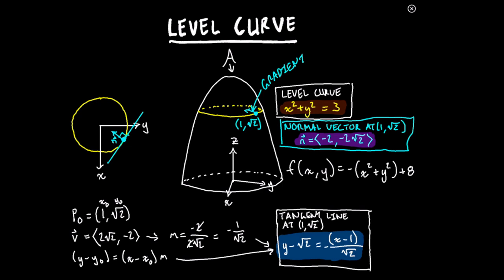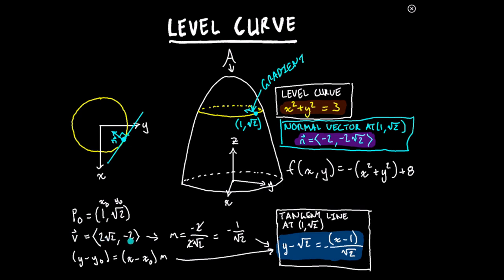All right, just to go over what we did for the tangent line. First, we found a point and a vector for the line. At the given point, the point we already know is just going to be that point. And then the vector was just the negative inverse of the normal vector.